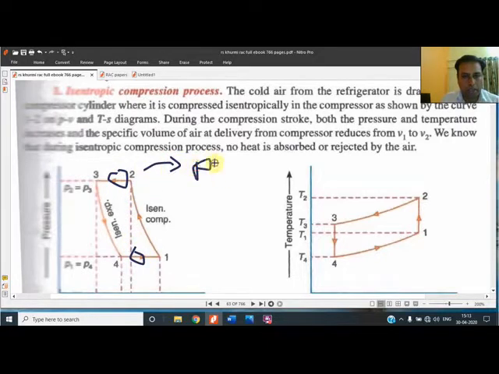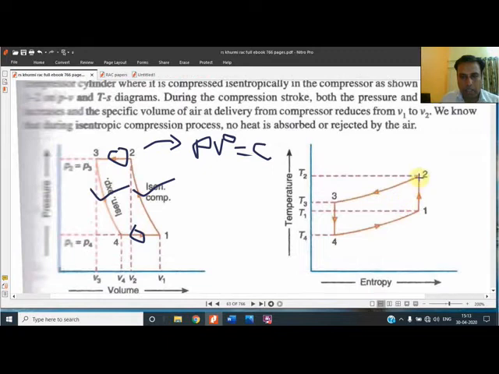As an index term, that is PV^0 equal to constant. And two processes are isentropic, meaning in the TS diagram they are perpendicular to the entropy axis, so the entropy remains the same, S1 equal to S2. These two processes are isentropic, the first and the second one. And S3 is equal to S4.